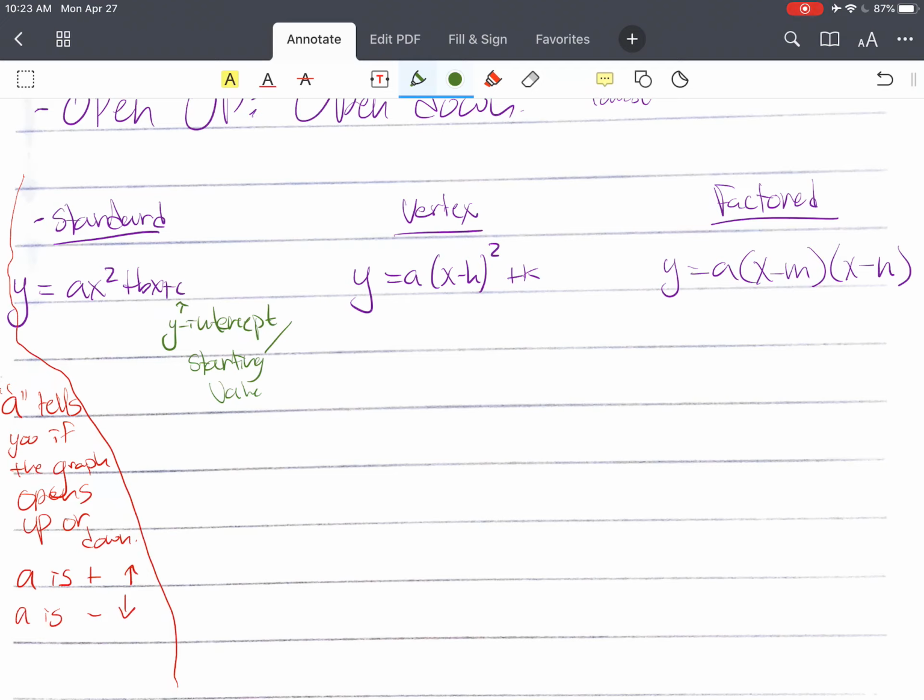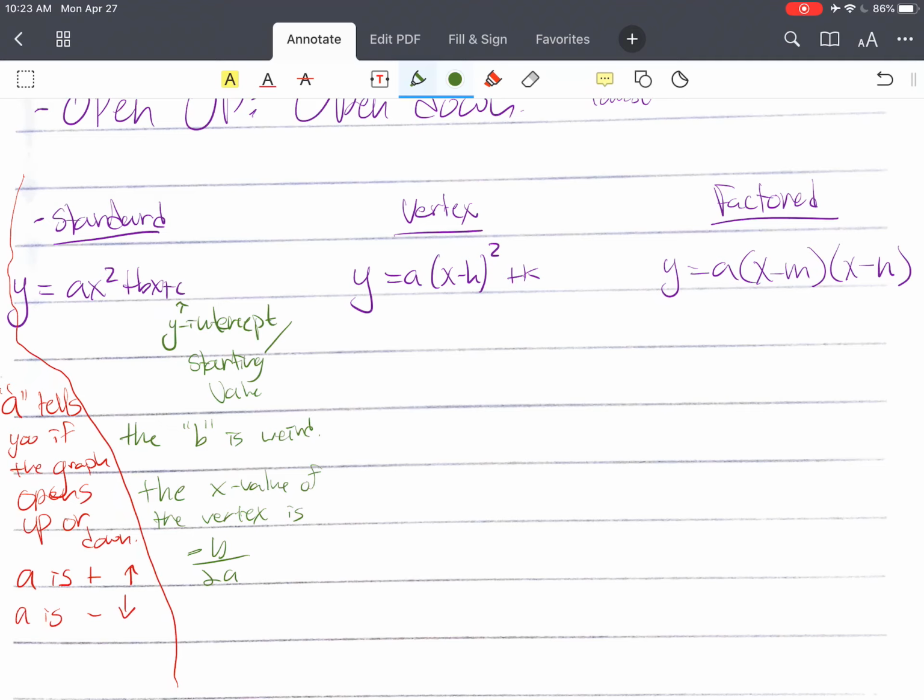Now, the B is kind of weird, okay? It helps you find something. If you wanted to find the vertex of a quadratic that's in standard form, the x value of the vertex, I know it's kind of weird, but watch me.